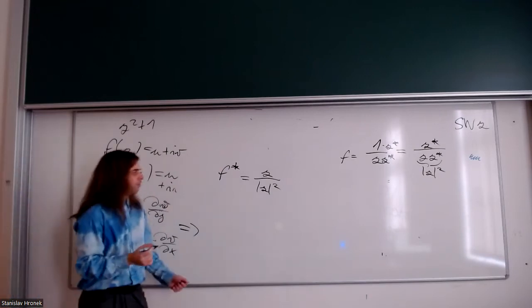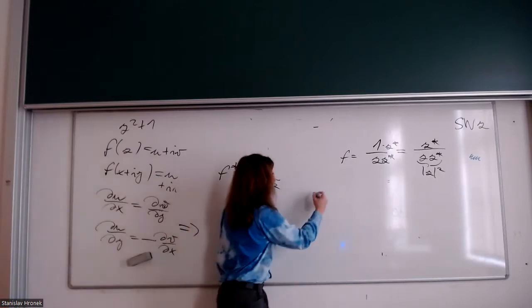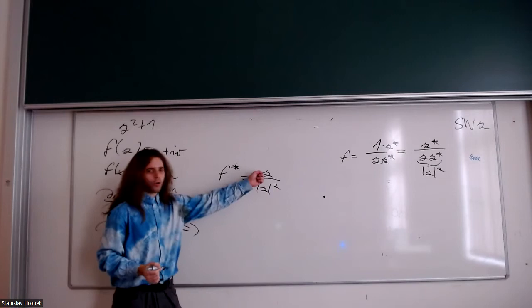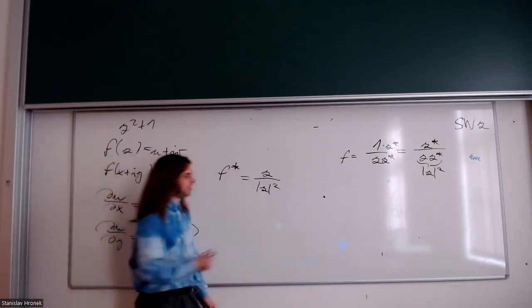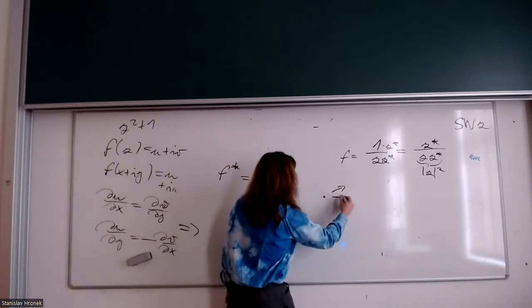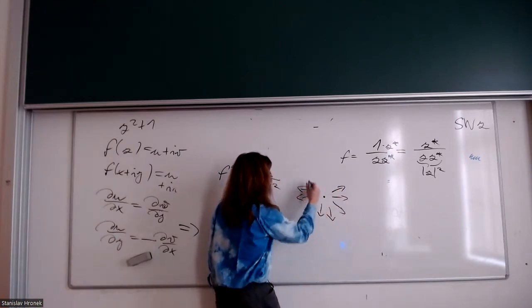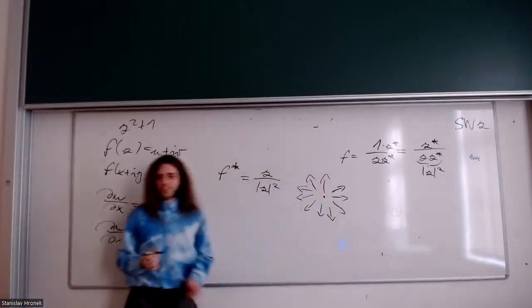Which means that what I get is just a bunch of vectors coming out of the origin, because the direction is always exactly away from the origin and there is just some scale. So we will have such a thing for the function 1 over z.